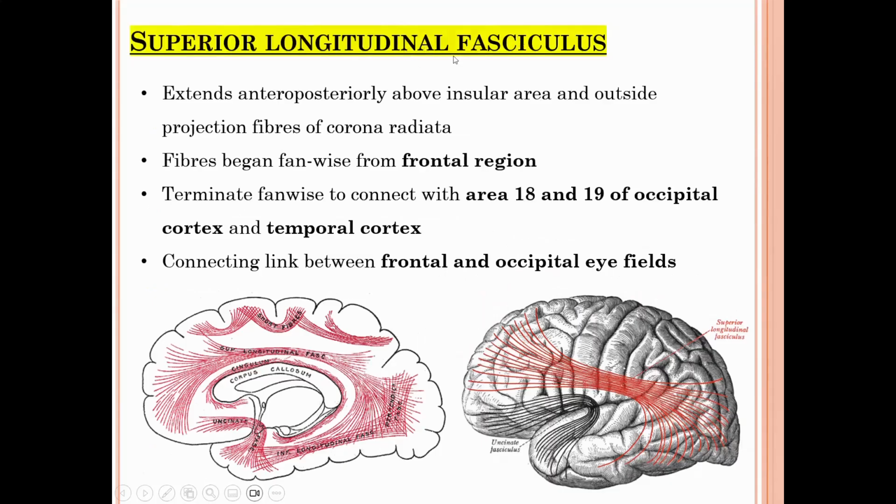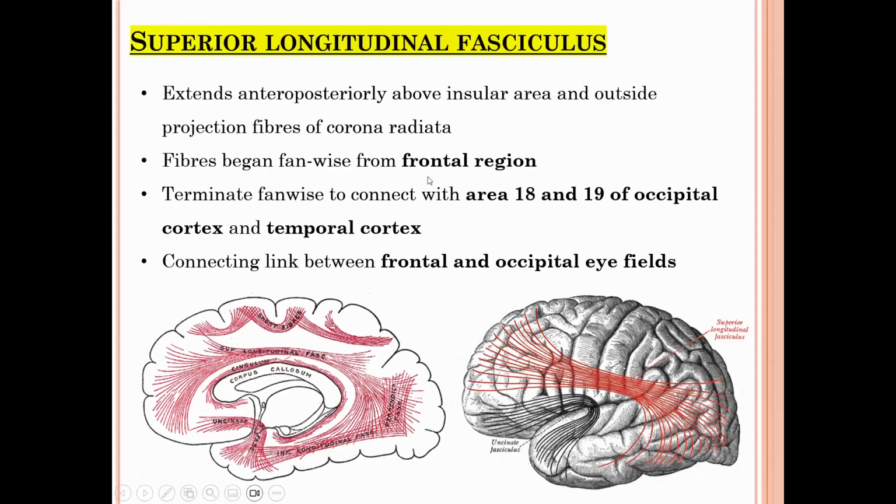So superior longitudinal fasciculus, you can see here they extend antero-posteriorly and are situated above the insular area, and also outside the fibers of corona radiata. As you remember, fibers of corona radiata are the centripetal fibers which converge and go out of the cerebral hemisphere.